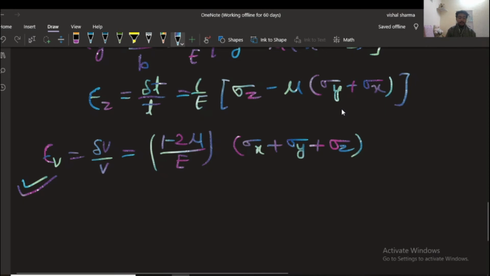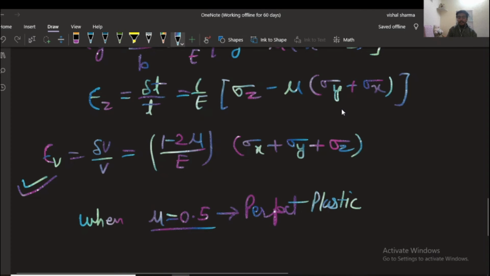Now consider the case when mu is equal to 0.5, that is the case of the perfect plastic. When mu is 0.5, or in the question it is written that it is a perfect plastic, we put this value.